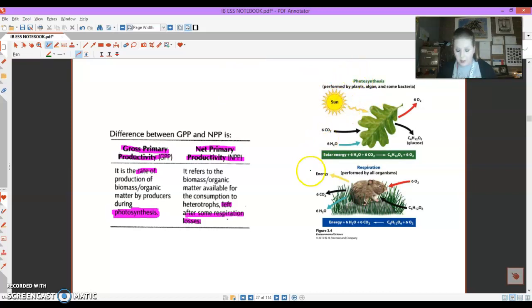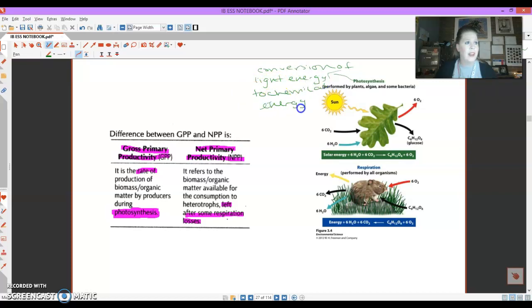Remember, photosynthesis is the chemical conversion of light energy, okay? We're converting light energy into chemical energy. Let's just write that down in case we don't remember. So it is the conversion of light energy to chemical energy.